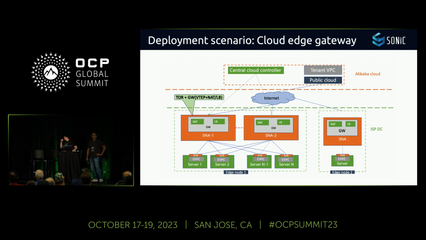First, as we can see, the architecture of the Edge gateway is layered, and above the orange line we can see the cloud components. First, the central cloud controller, which is used for the control plane of our Edge gateway, and also as the monitor center and management center of the cloud managed Edge gateway deployed far from the cloud.